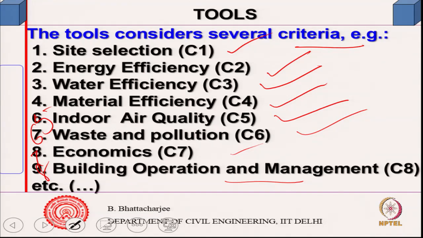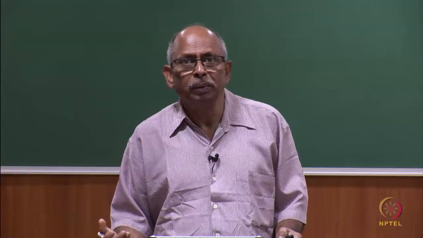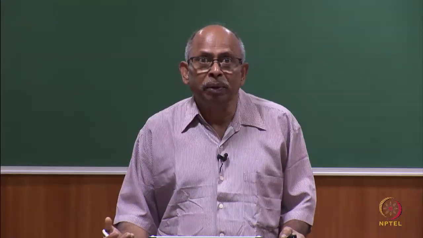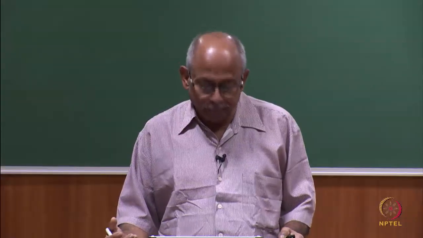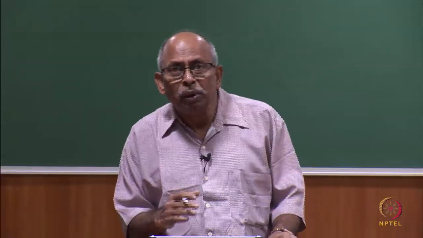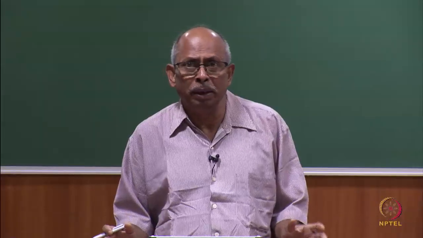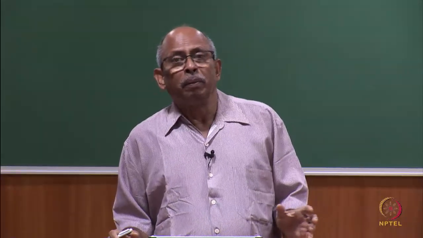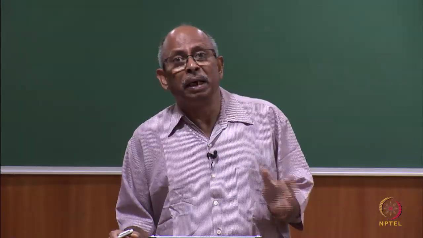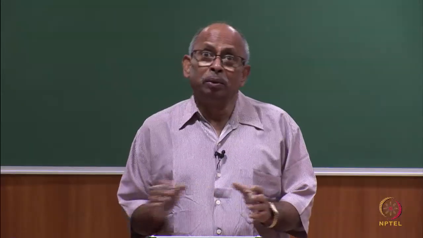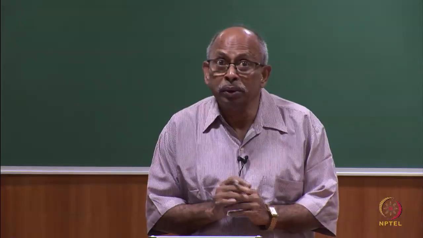This could be various, or there could be more of them, or less of them depending upon the tool that you are using. So, all these tools that we will discuss a little bit later, there are a number of them available now. For example, LEED is one of them. In India, GRIHA is used. There are several others, as different countries use different tools.